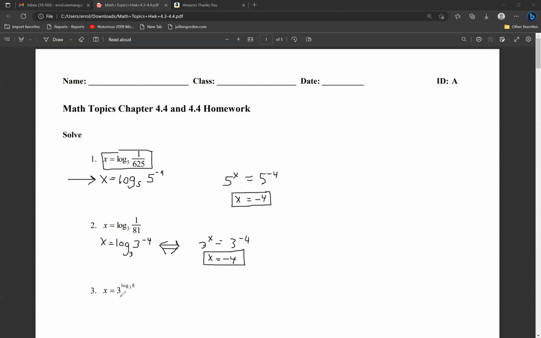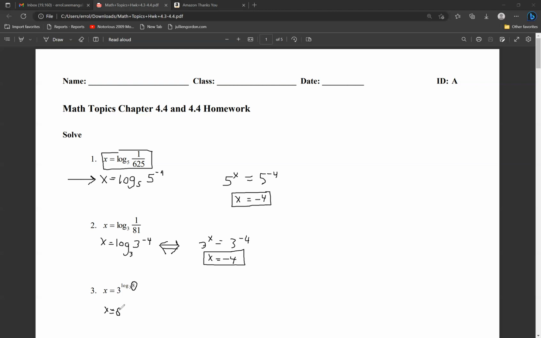Okay, so we got x equals log base 3 of 3 to this exponent, right? There's a log property that says if this base is the same as this subscript, what would this equal? They won't cancel out, but if those two are the same, then just look at this number.